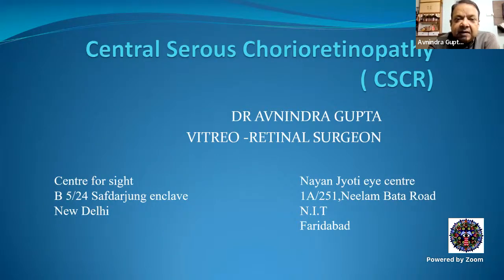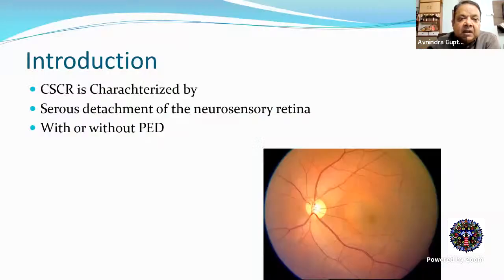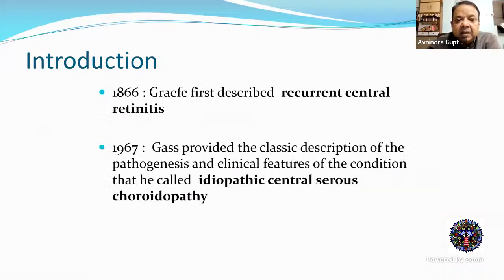Today, my talk is central serous chorioretinopathy, which is the most common cause of decreased vision in patients encountered in the OPD. Central serous chorioretinopathy is characterized by serous detachment of neurosensory retina with or without pigment epithelial detachment.